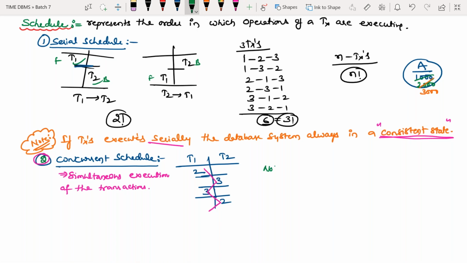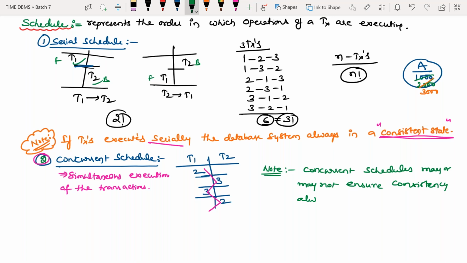Here I will write a note. Previously I wrote that serial schedules ensure consistency, but concurrent schedules may or may not ensure consistency, meaning a correct state, always.